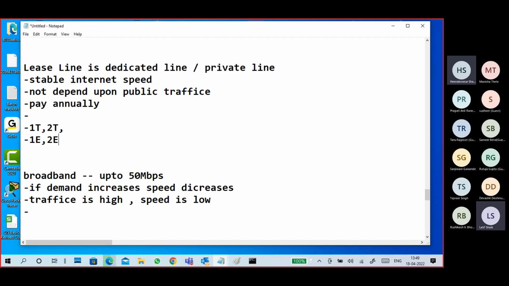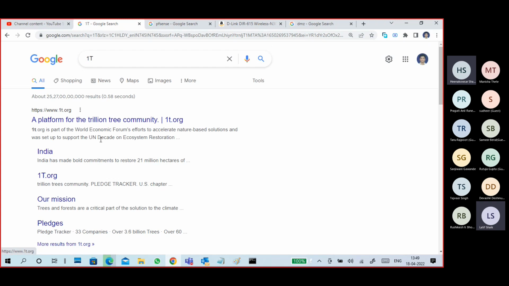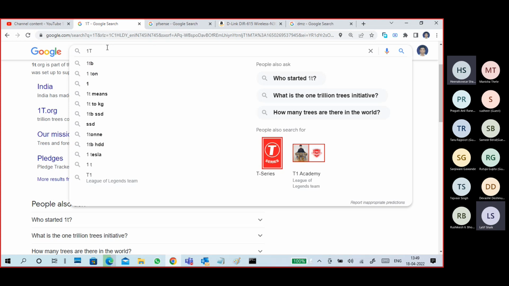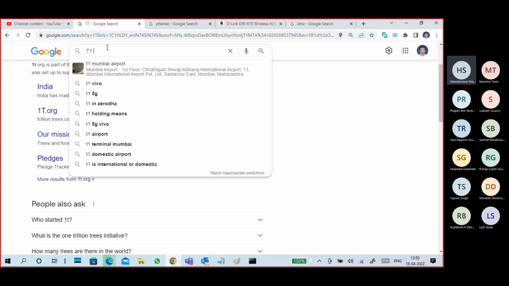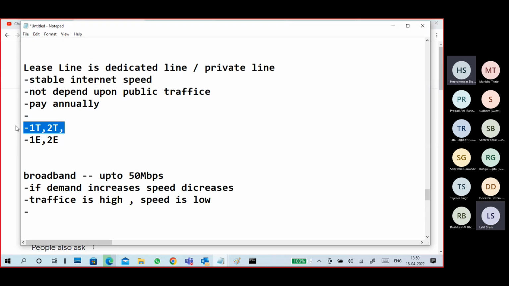I will show you what the standard is. T1 speed, very good. It is T1, the 1.544 Mbps speed.